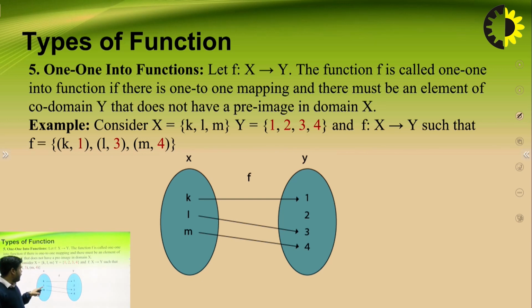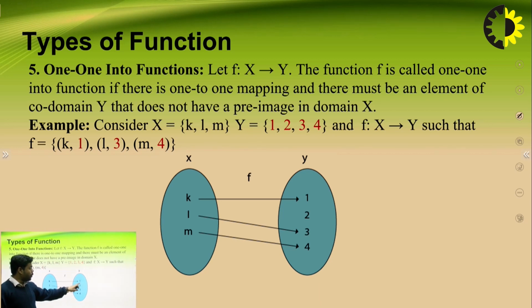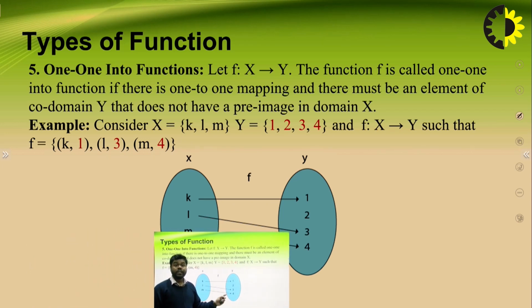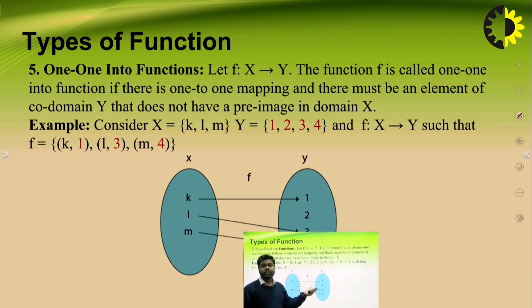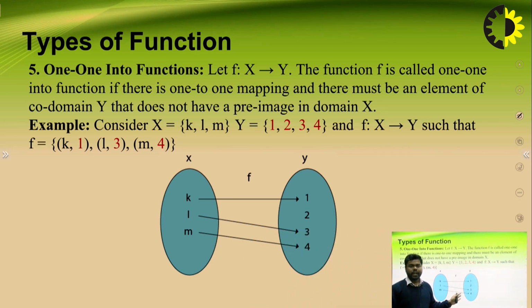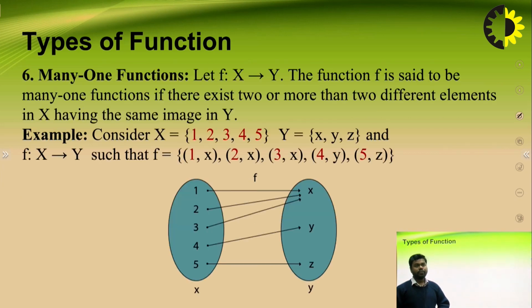X contains K, L, M and Y contains 1, 2, 3, 4. The function is such that K goes to 1, L to 3 and M to 4. So the codomain is 1, 2, 3, 4 and the range is 1, 3, 4. So it is an into function and it is one-one, because K is connected to 1, L is related to 3 and M is related to 4. This is a simple example of one-to-one.